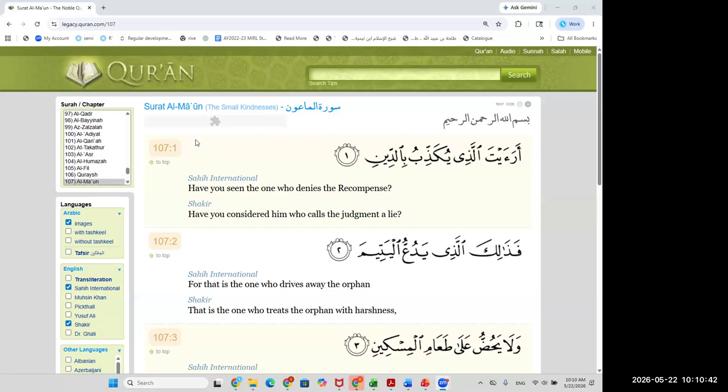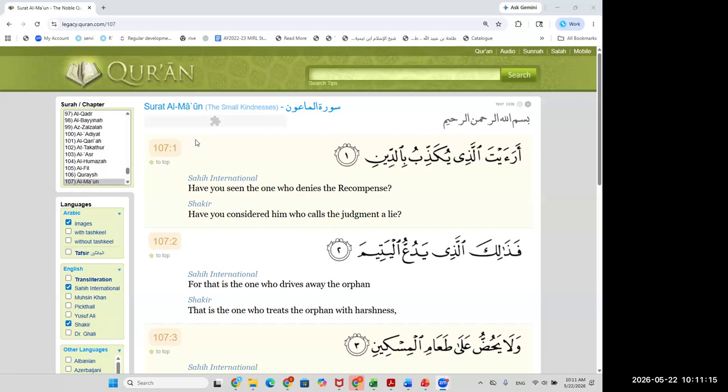So هو is the فاعل, an implied فاعل. There's no مفعول به really. There's a harf jar, which is bi, and then there's al-deen, which is ism majroor, and that's it.